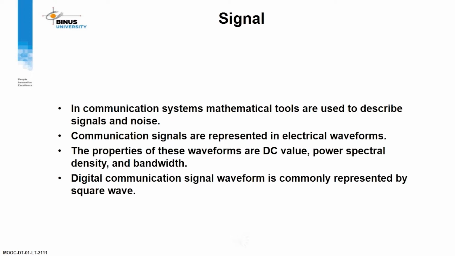Communication signals are represented in electrical waveforms. The properties of these waveforms are DC value, power spectral density, and bandwidth. Digital communication signal waveform is commonly represented by a square wave.